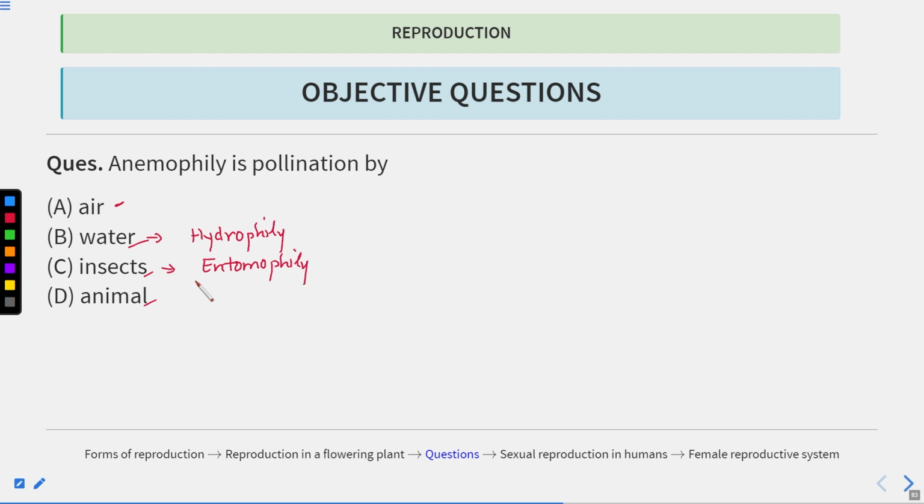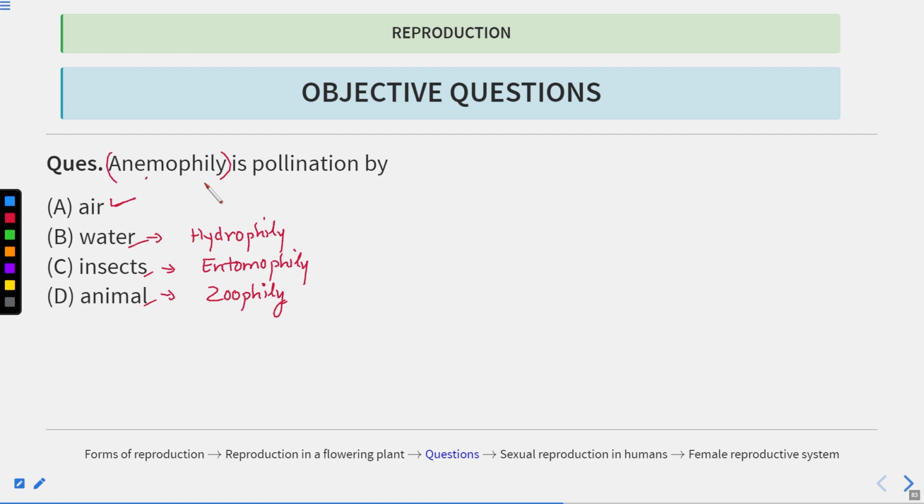And pollination by animals is known as zoophily. Sometimes pollination can be done by birds and mammals also. Some of the mammals are also involved in pollination. Clear? And pollination by air is known as anemophily.